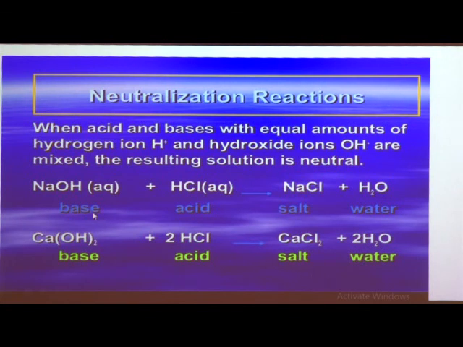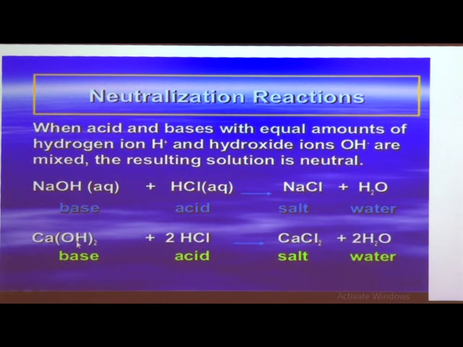One more acid and base are added here, and one more salt is given in this reaction. So one more example is discussed here. NaOH, HCl, NaCl and H2O, this reaction you have learned right now. But another example is Ca(OH)2, which is a base, plus 2 molecules of HCl.